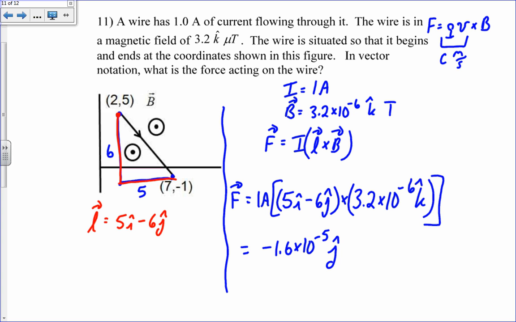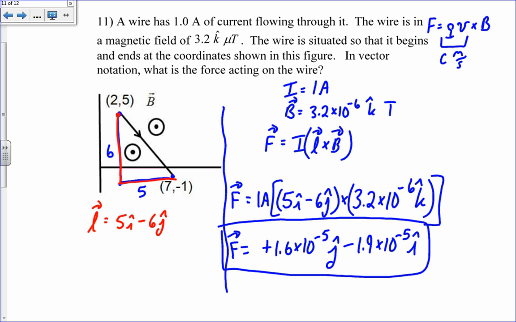Excuse me, that should be positive 1.6 times 10 to the minus 5, minus 1.9 times 10 to the minus 5, and that's going to be in the I direction, J cross K. And that's my force, the force on that wire. Very similar to previous problems, you just have to define what the vector L is.